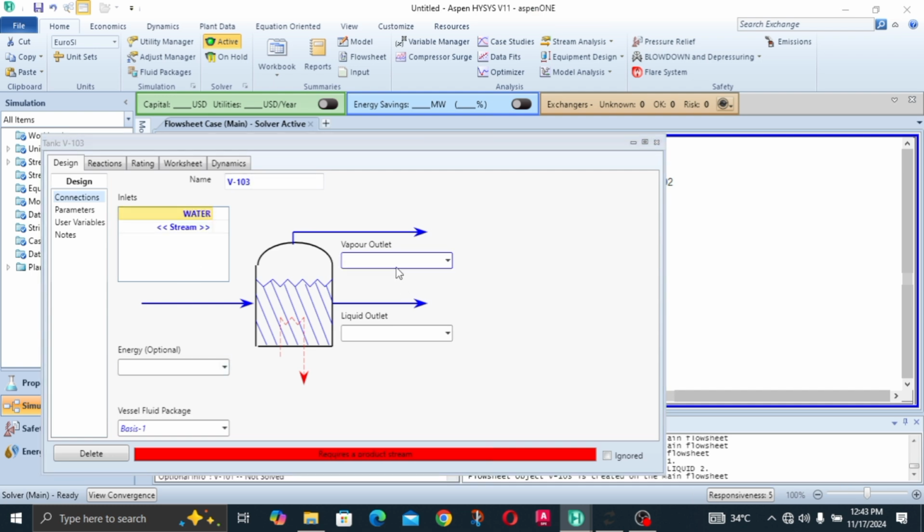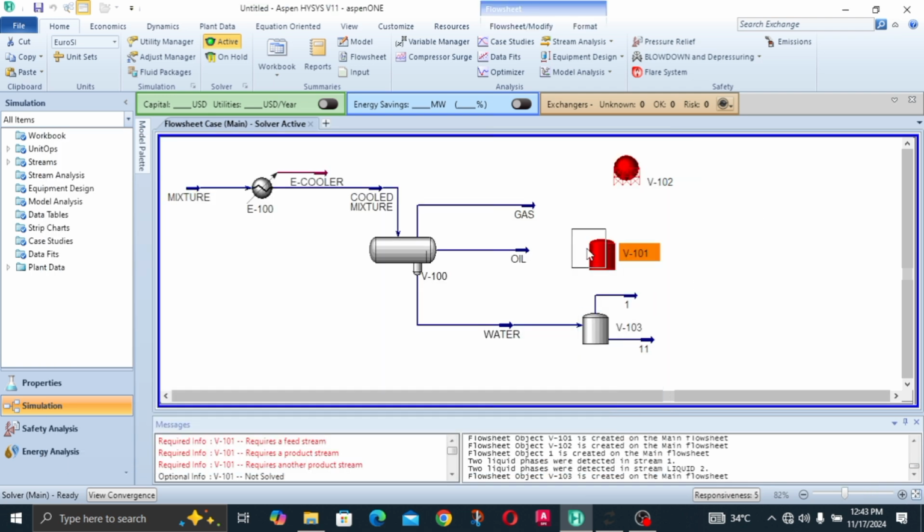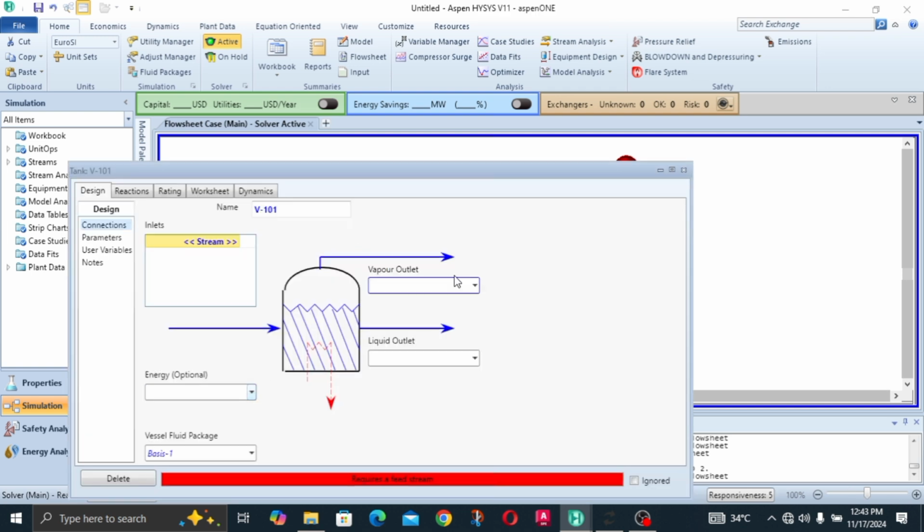So we're connecting water to this, calling this 1. Yeah, we could call this 1. We could call this 11. We're good to go. Then we could also attach this. You could attach the oil here. Call this 2.